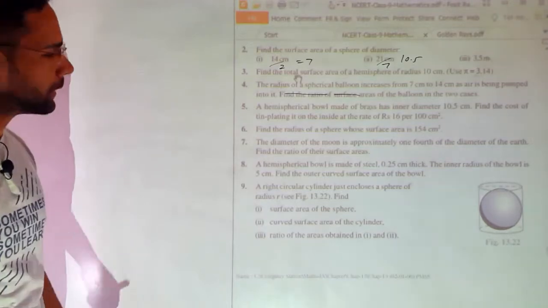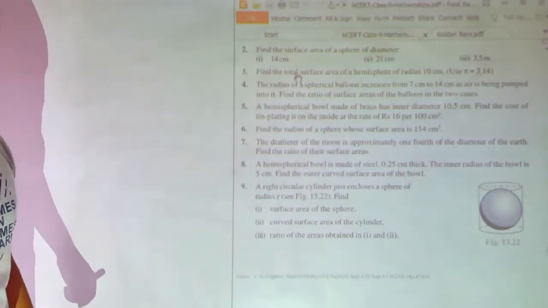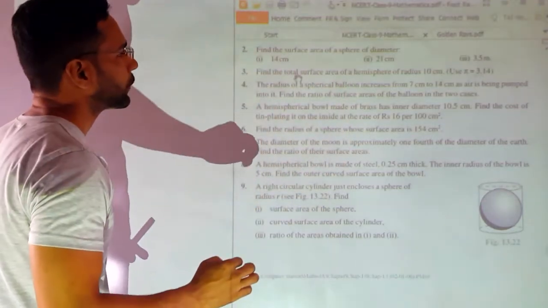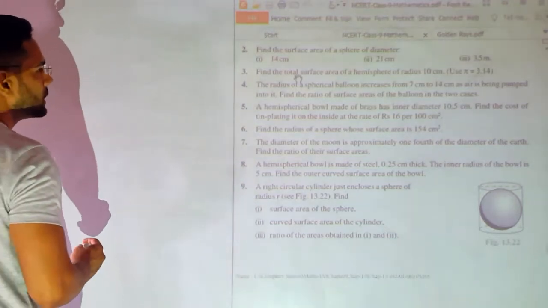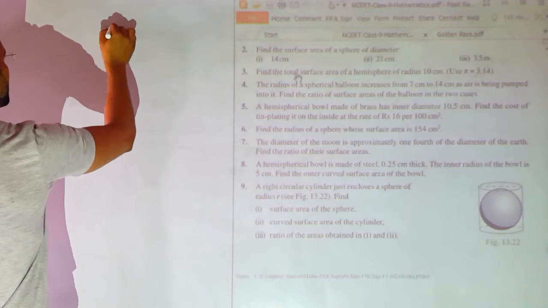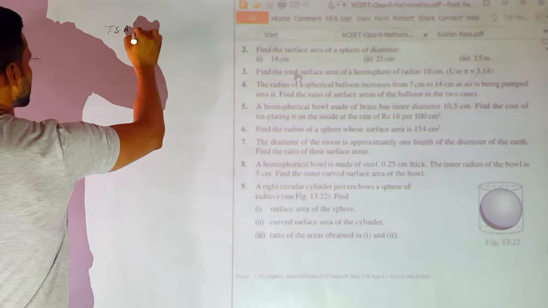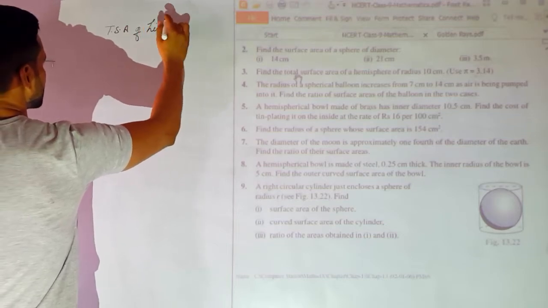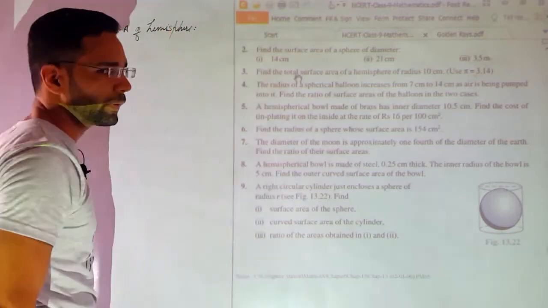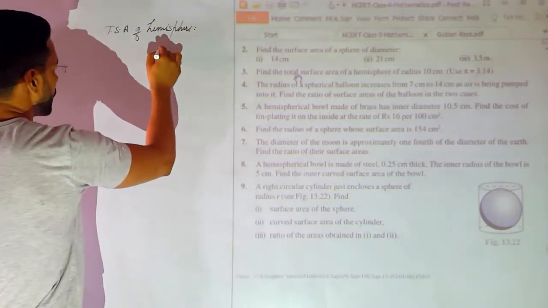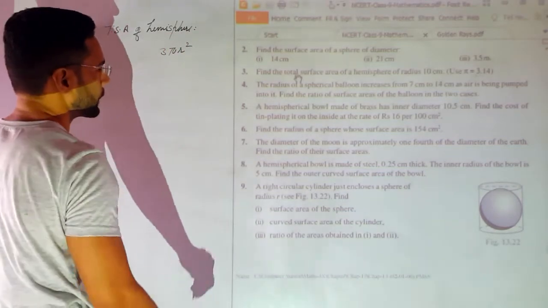Find the total surface area of the hemisphere of radius 10 centimeter. Now the TSA of a hemisphere is equal to 3 pi r square.